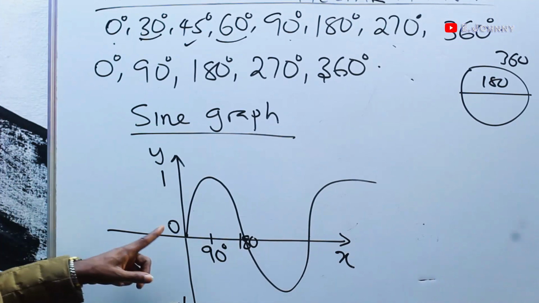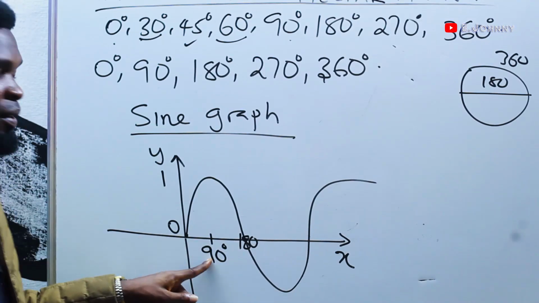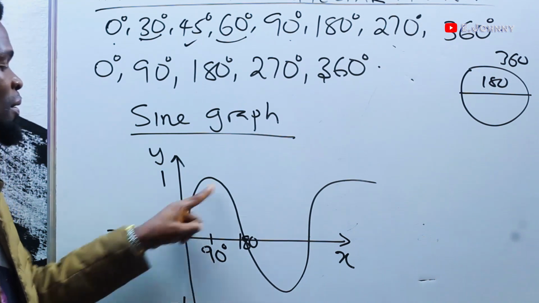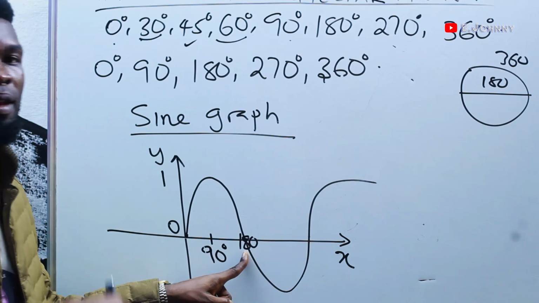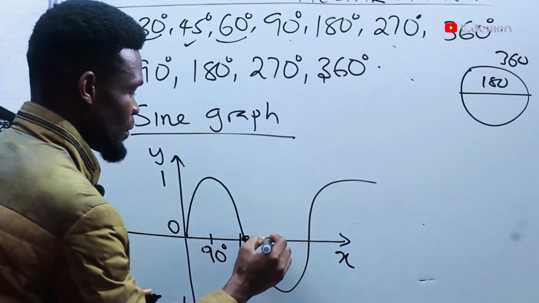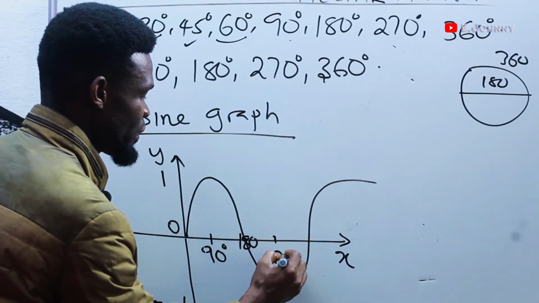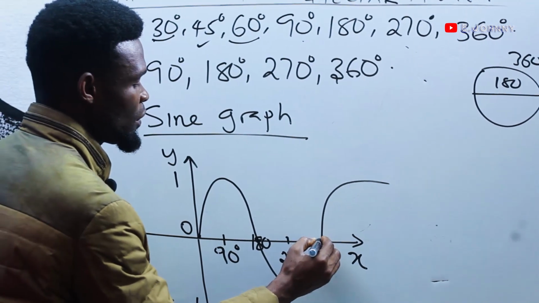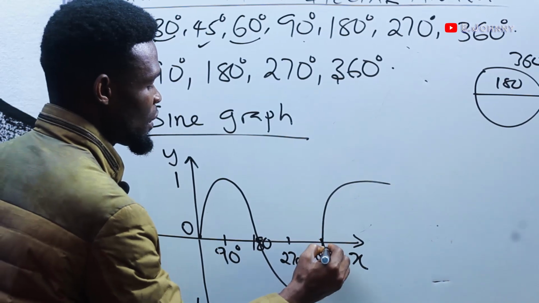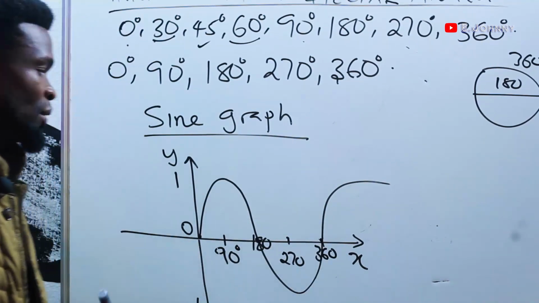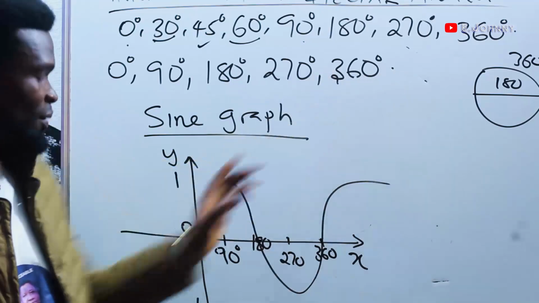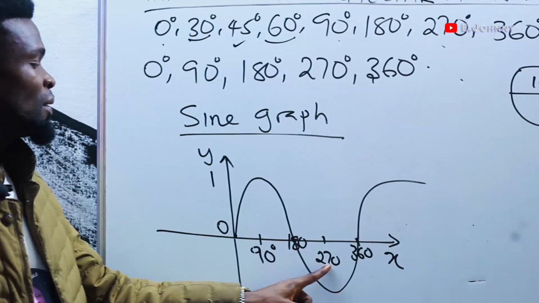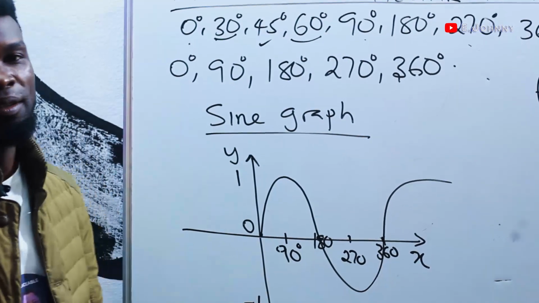So you can see this is 0, 90. 0 plus 90, 90. 90 plus 90, 180. If you add 90 to 180, you get 270. Then if you add 90 to 270, you get 360. So this point is 360 degrees. We have 0, 90, 180, 270, and 360.